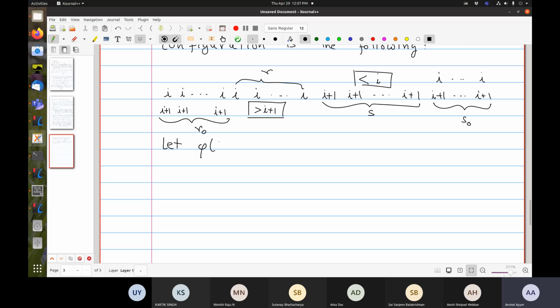Let phi of T be the tableau with S I's and R I plus 1s in each such block simultaneously.